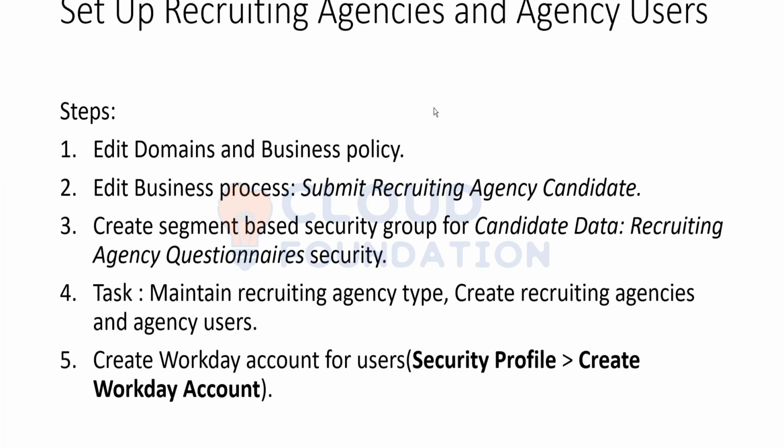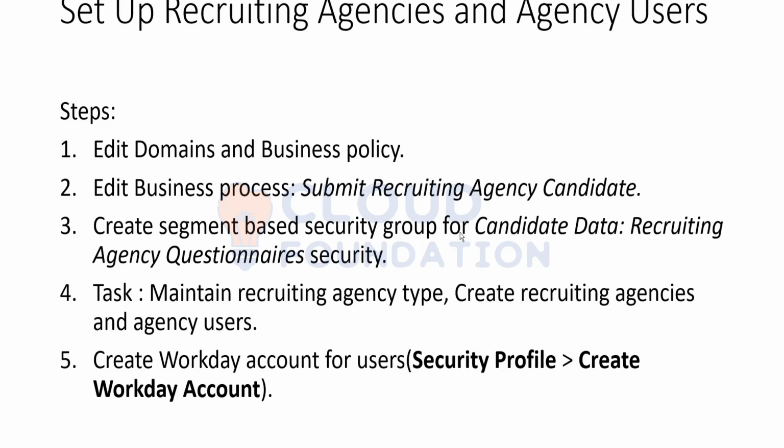So initially we are supposed to edit the domains and business policy for the security groups like implementers or anyone who wants to create agencies or agency users or do some setting up for the recruiting activities of agencies and agency users. Then we have to edit the business process named submit recruiting agency candidate. Okay, so that is not possible because it is not present in the system. I tried a lot, but it was not coming up.